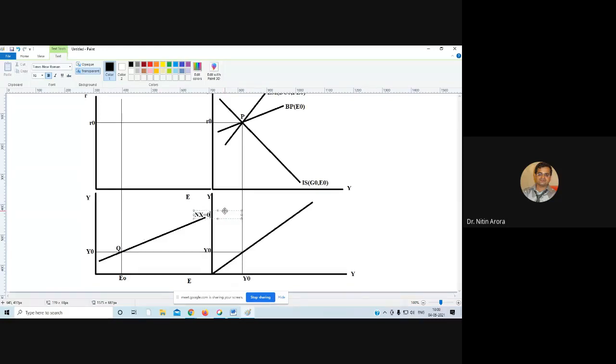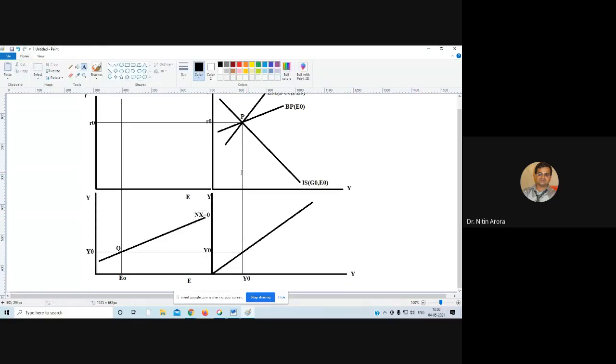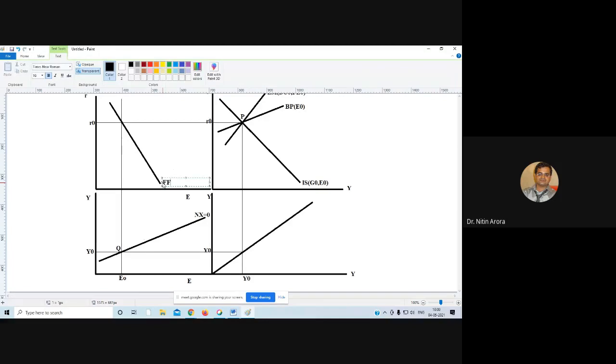Now let us draw this foreign flow curve, FF drawn for Y0 level of income.